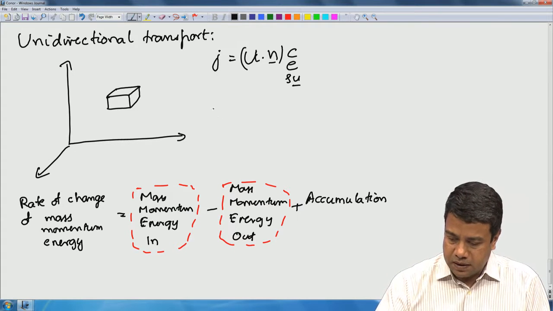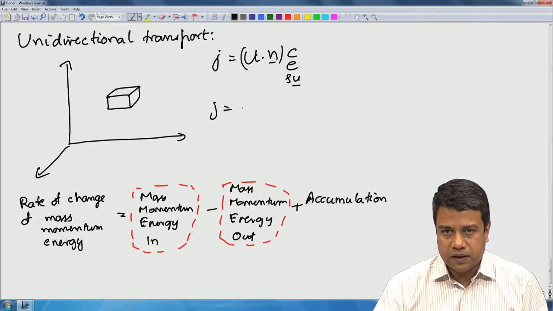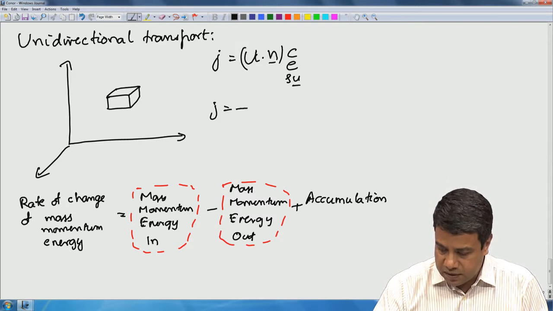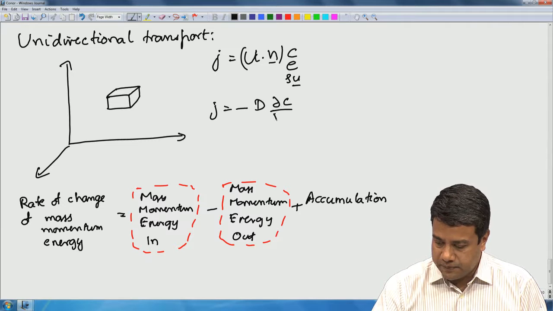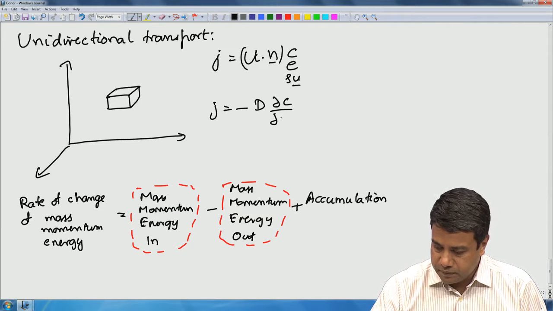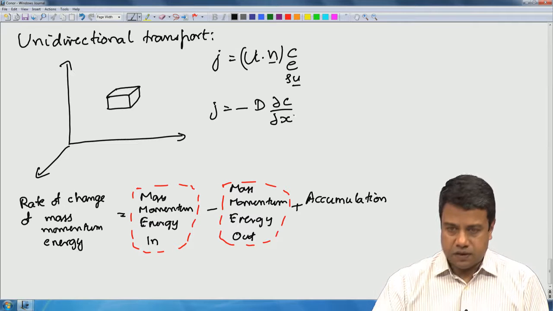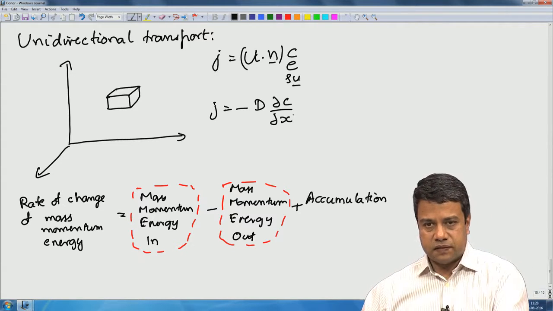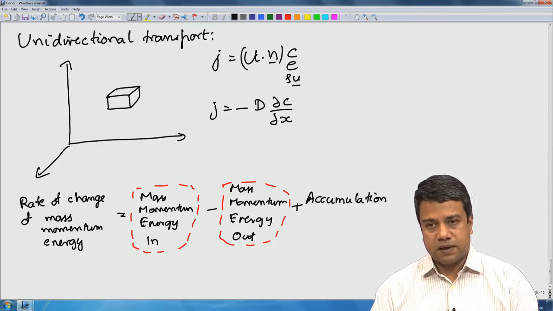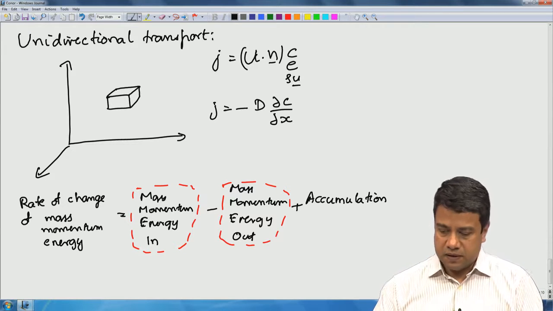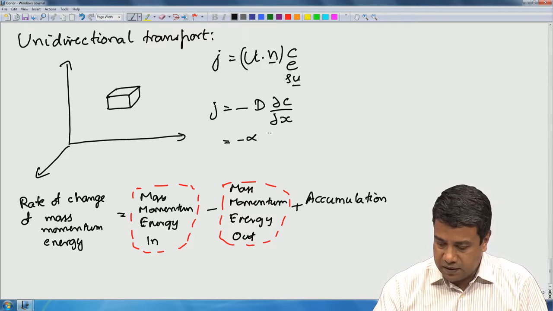And the flux due to diffusion is given by the diffusion coefficient times the gradient across the surface, the variation in the direction perpendicular to the surface. Or rather, minus alpha times the variation in the energy density.